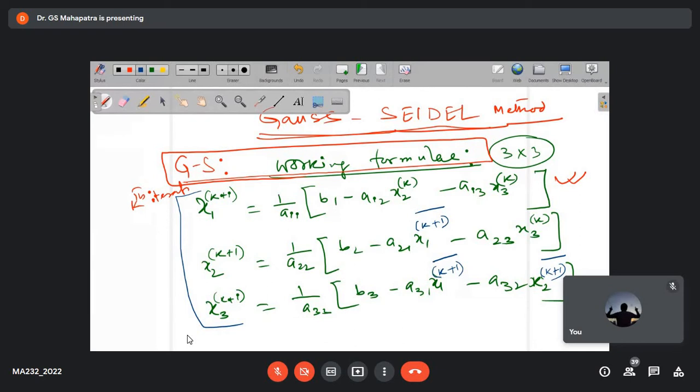So the iteration formula of Gauss-Seidel is given by this one. This is the working formula.